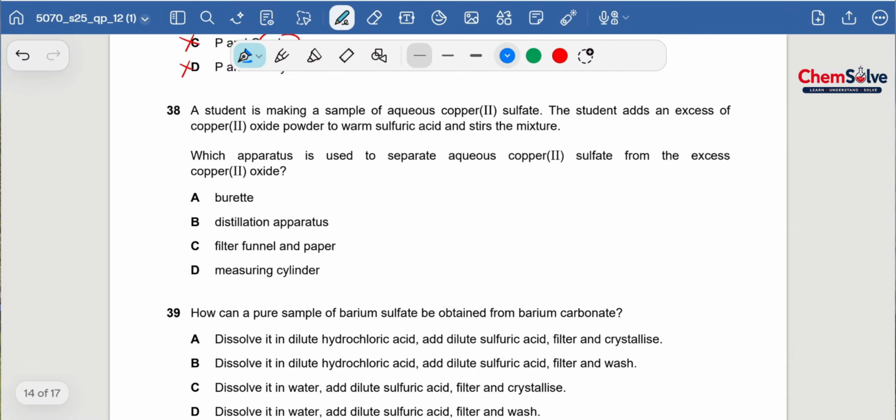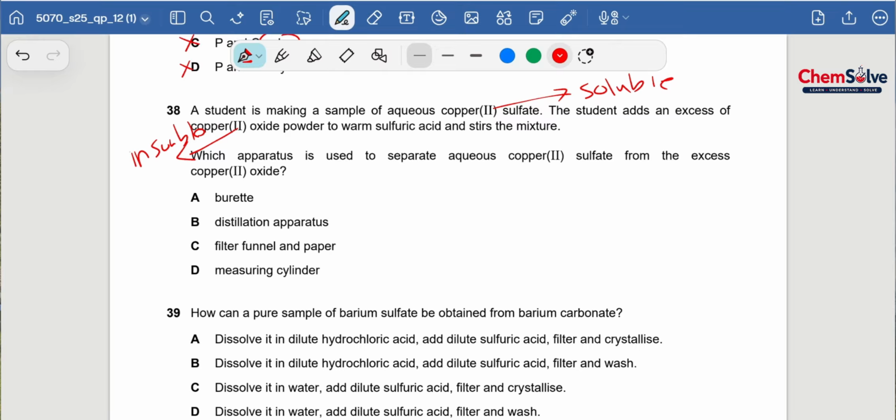Okay, now question number 38. A student is making a sample of aqueous copper sulfate. Copper sulfate is a soluble salt, and copper oxide is an insoluble salt.